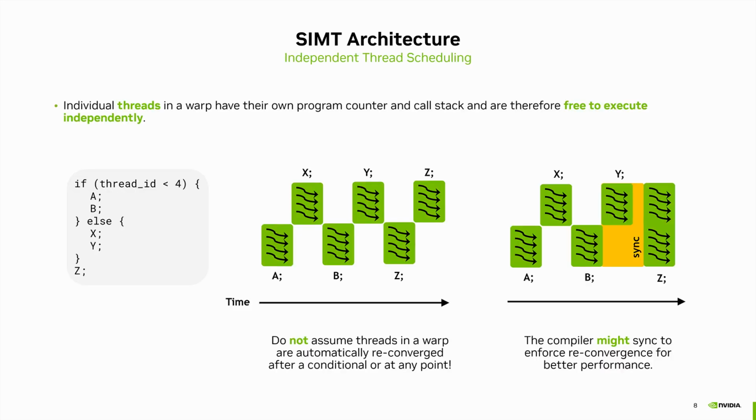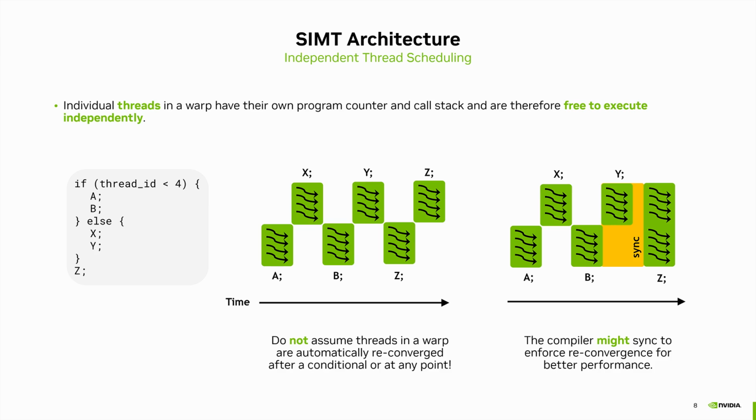Another important aspect of control flow is that each thread in our GPU has its own program counter and call stack. This means that it is free to execute independently. So you should never assume that threads are converged, even outside of conditional branches.